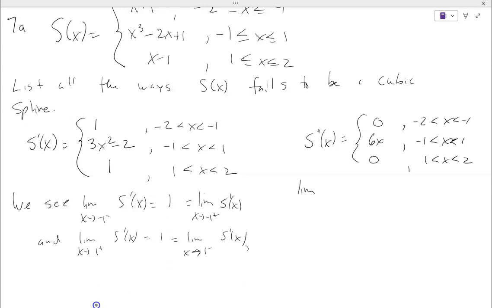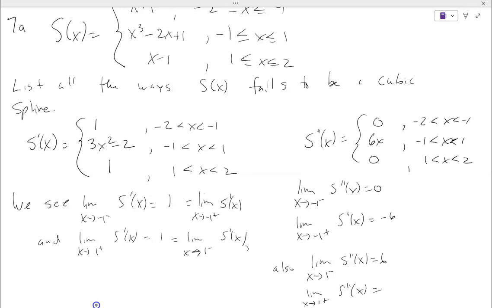So the limit as x approaches -1 from the left here is 0. The limit as x approaches -1 from the right, you just told me was -6, right? All right, so that's a fail. And also when we come in from 1 from the left, you said that was positive 6, and the limit as x approaches 1 from the right, you told me is 0.